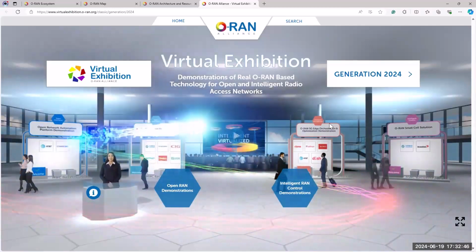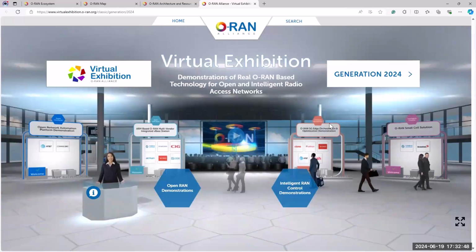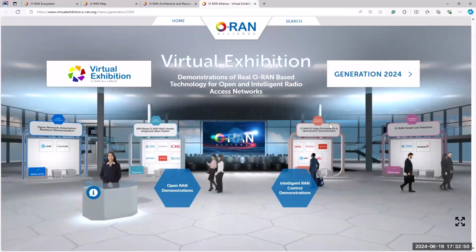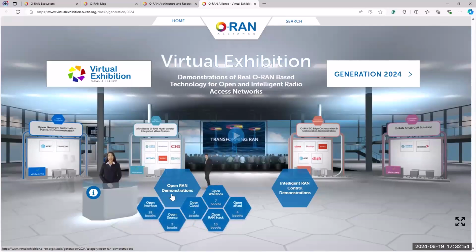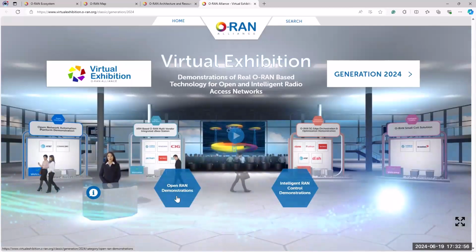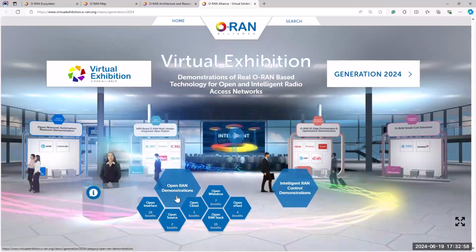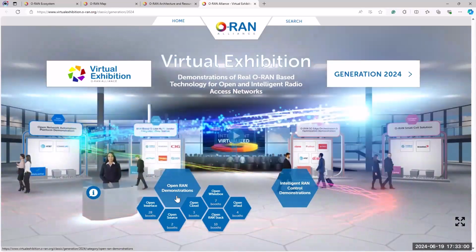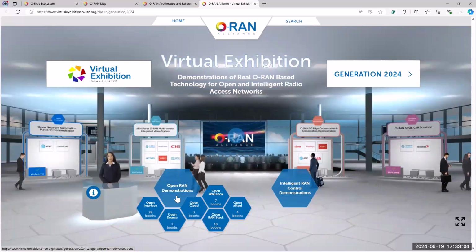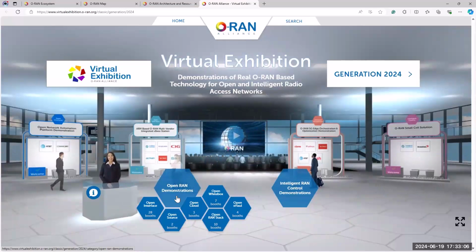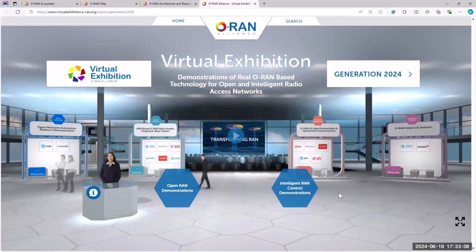Just imagine yourself in the Mobile World Congress, but it's virtual. So you can see some Open RAN demonstrations. You can see here the practical. If you're very tired of reading concepts, and you want to see actual applications or actual setup of Open RAN, you will see it here.